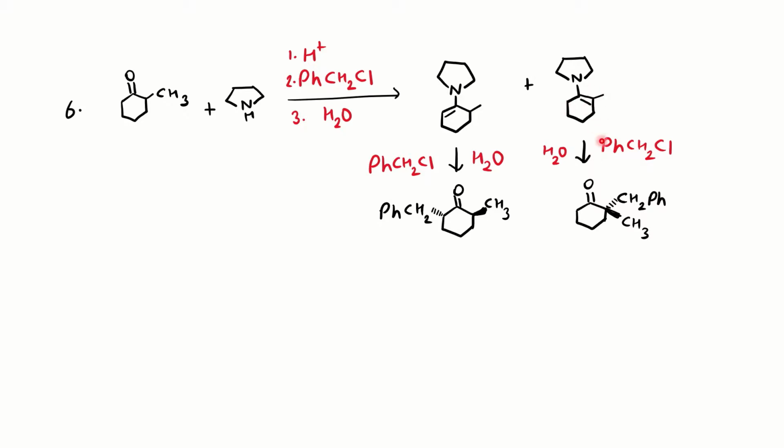Again from the other side, the more substituted side, you will have the alkylation at the same carbon. Both products will be there, one major and the other minor. This is major because always the abstraction of a proton takes place from the less hindered side. This is more stable because for abstraction this has to be in the same plane, and you can notice here nitrogen and this C double bond C, all three are in the same plane because of no steric crowding.